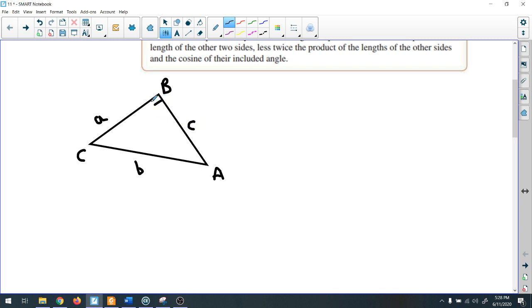And we want to use a right triangle with a famous angle, like you had before. Let's say that this is 30 degrees.